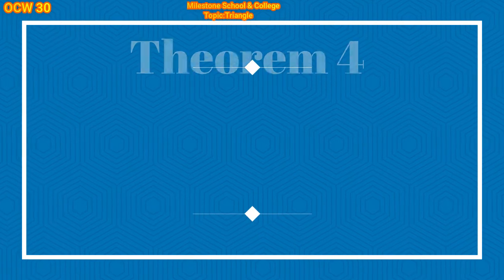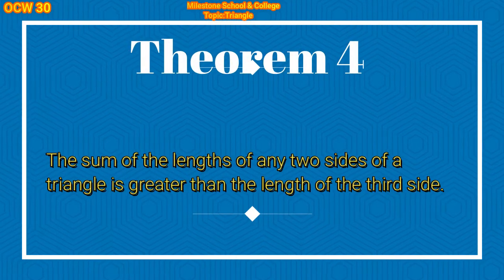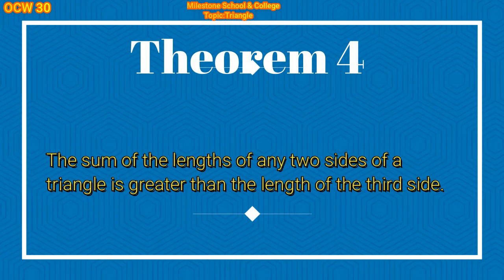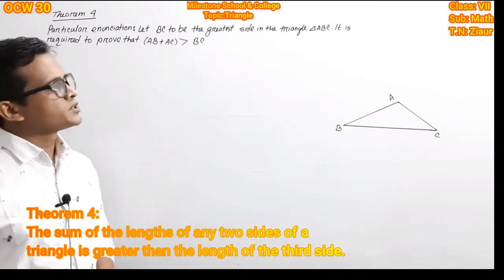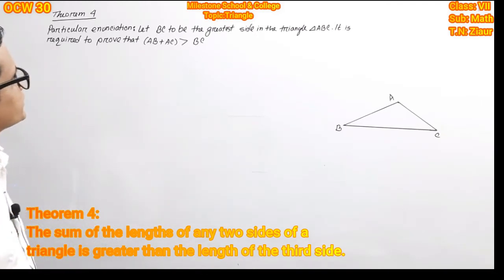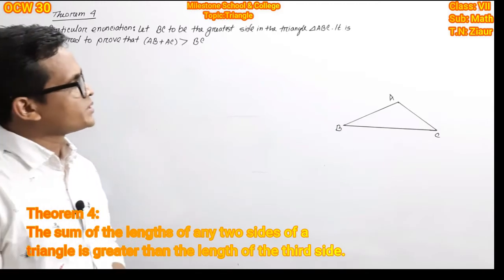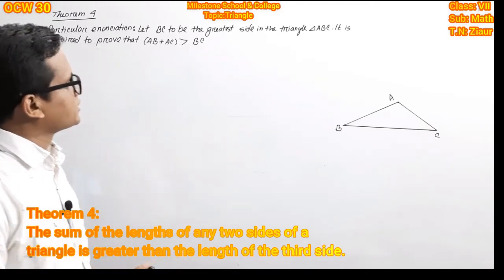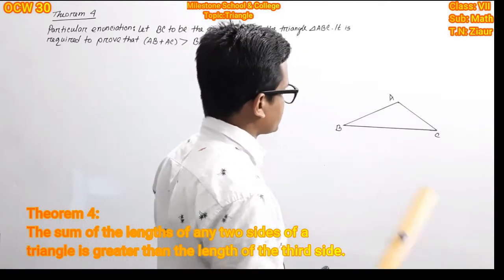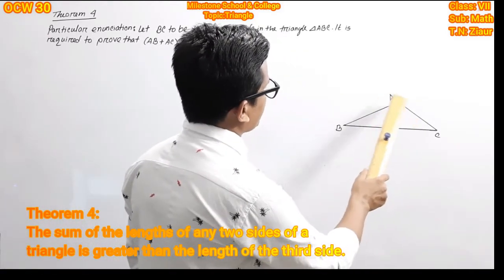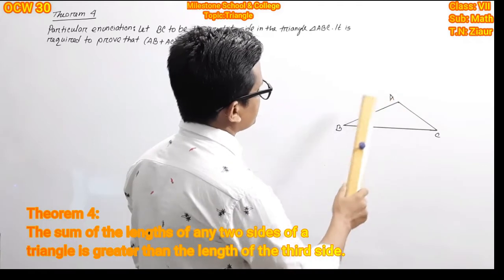Today's lesson, theorem number 4: the sum of the lengths of any two sides of a triangle is greater than the length of the third side. Already I have written theorem number 4, and drawn triangle ABC, where BC is the greatest side. We have to prove that the sum of two sides is greater than the third side.